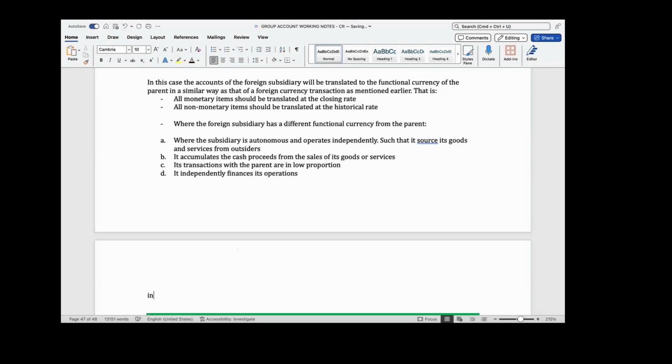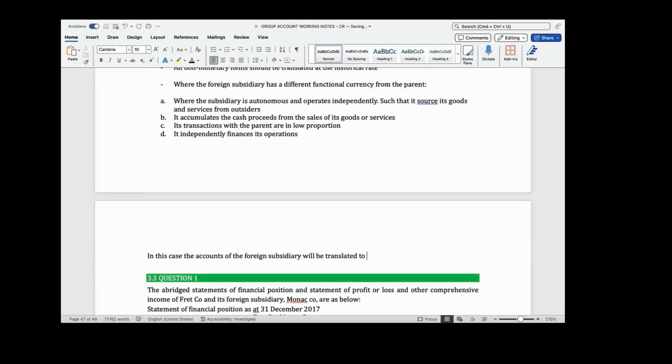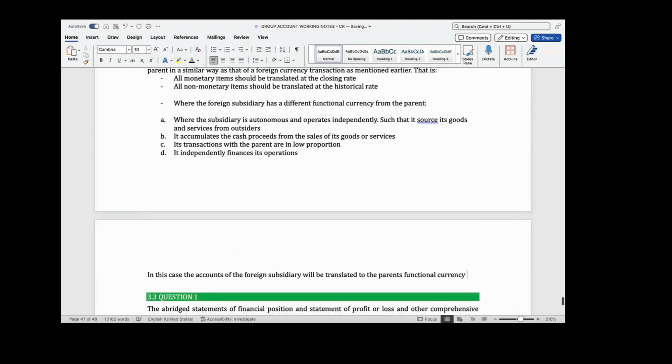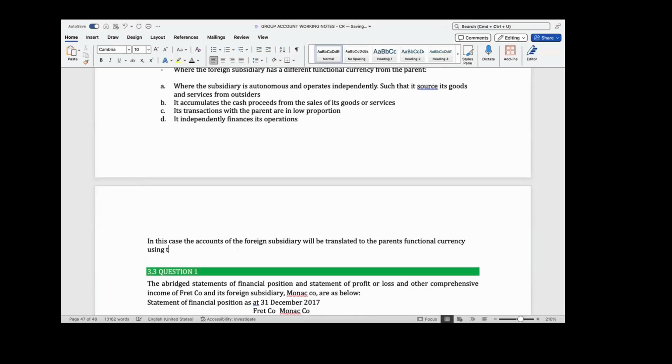So in this case, the account of the foreign subsidiary will be translated to the parent's functional currency, using the following principles.